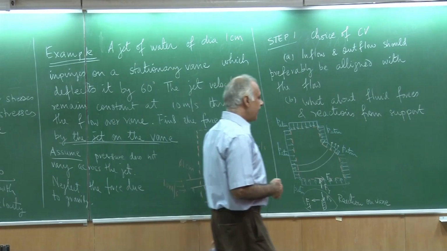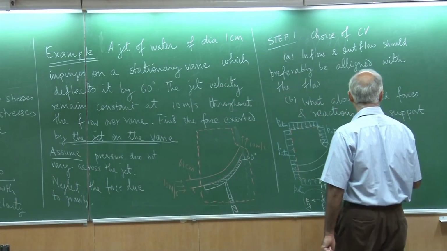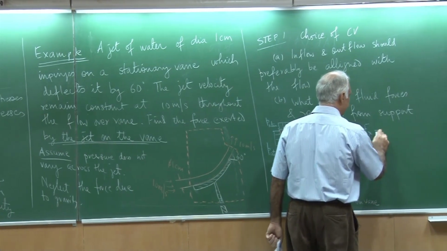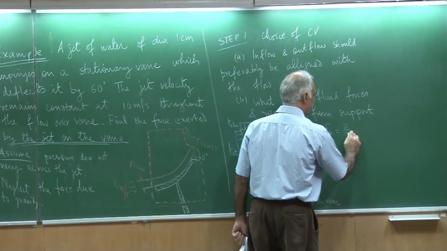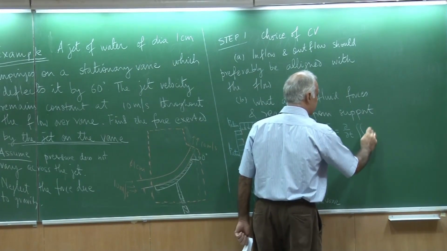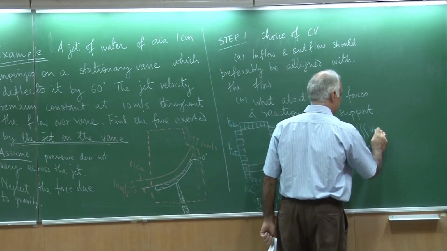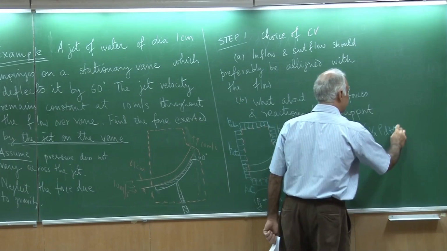Now I can go ahead and use the Reynolds transport theorem. If you recall, we had Fx was the x force, then I had del by del t of an integral over the volume, then I had Vx rho dV.